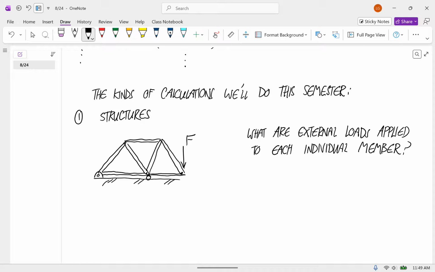So that's what will happen when you get to dynamics. There's another thing that can happen here, and that is if this wasn't a roller, if this was another pin joint, it turns out we wouldn't be able to use the techniques of statics to calculate those forces on the individual members.